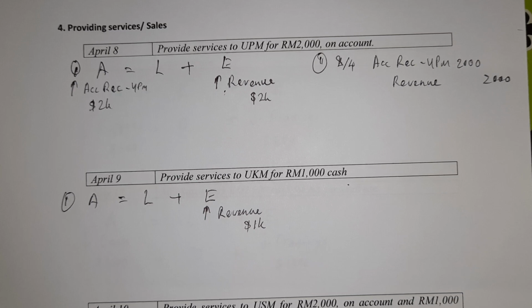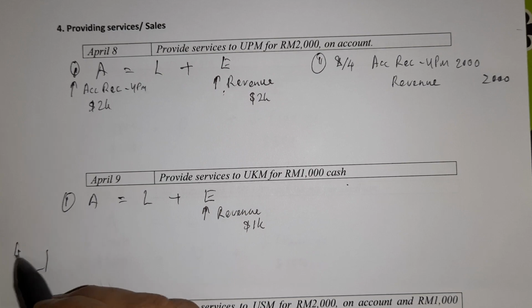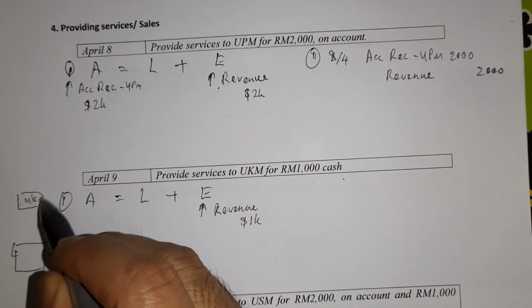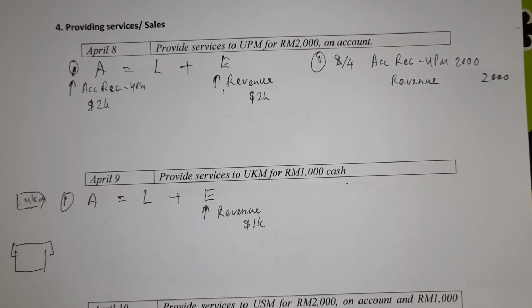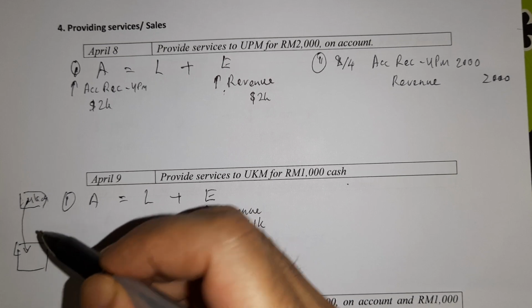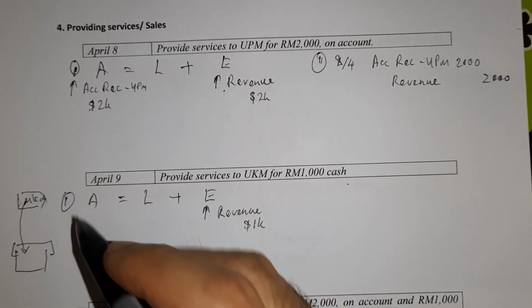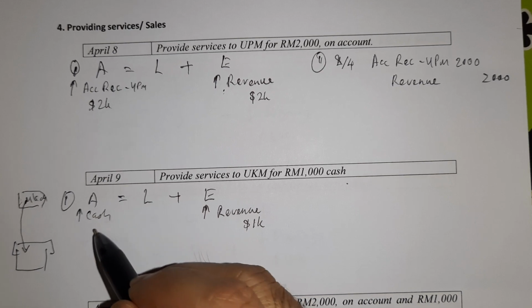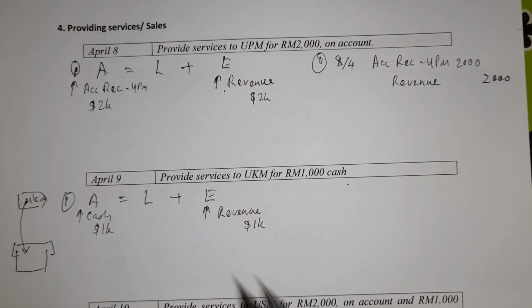So cash goes into the business. This is your business, this is UKM. UKM pays cash, so cash goes in, 1,000. So asset cash increase. The name of the asset is cash. The amount is 1,000.